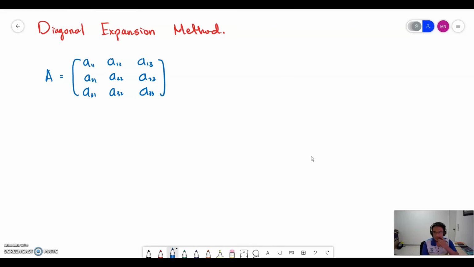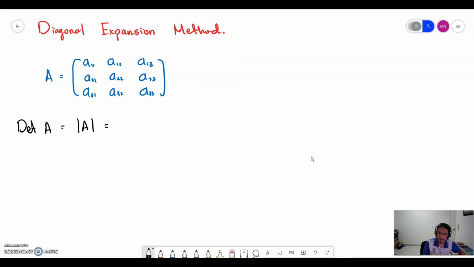So you already know how to find the determinant by using a cofactor, but now we find the determinant by using the diagonal expansion method. The determinant of A, which could also be written as det A, is A enclosed with a modulus-like bracket.